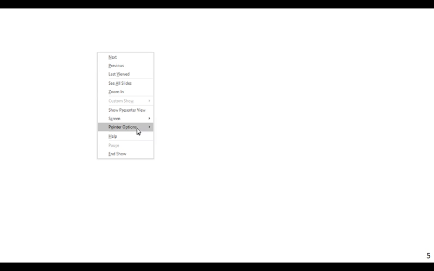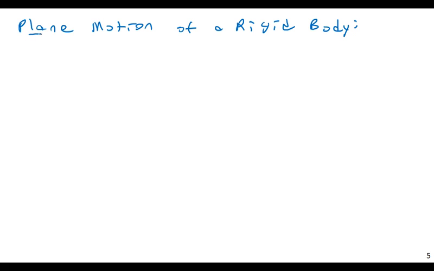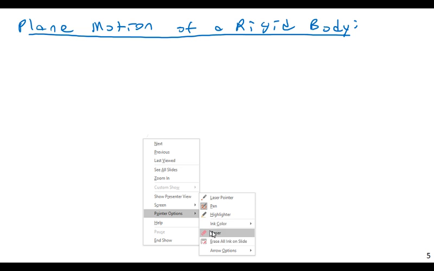Okay, so next we'll consider plane motion of a rigid body. As we said before, we can reduce a system of forces to a moment and a force.